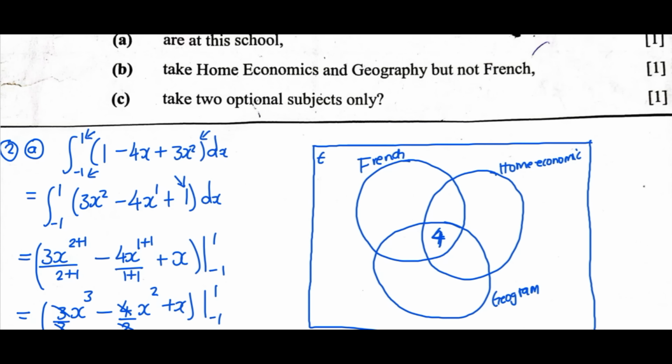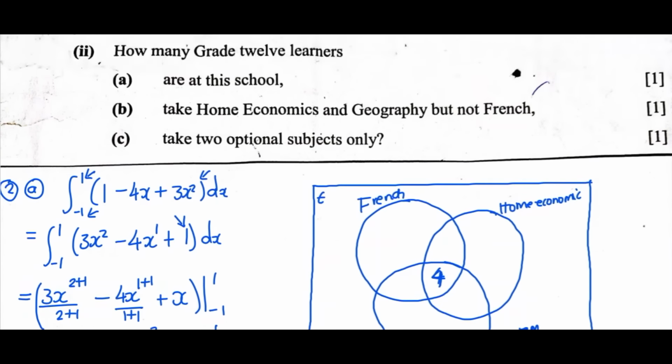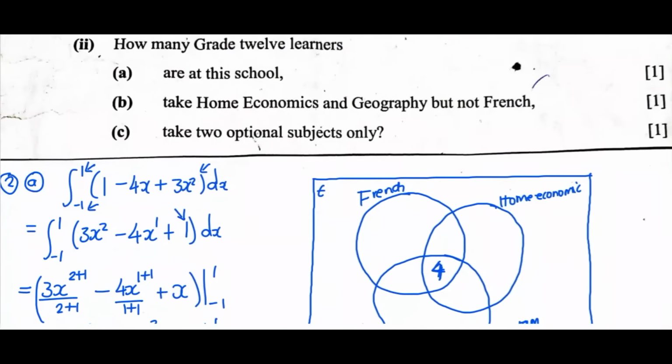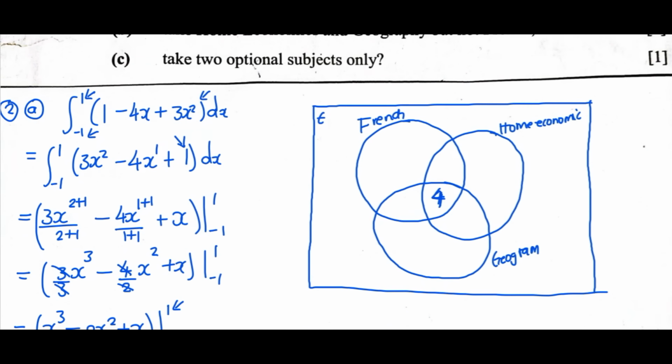Now after we are done with this one, we can go back to those that did 2. So from this we can see that 15 learners take geography and home economics. Now we can see that this 4 is part of those that did 3 at the same time, is part of those that did 2.